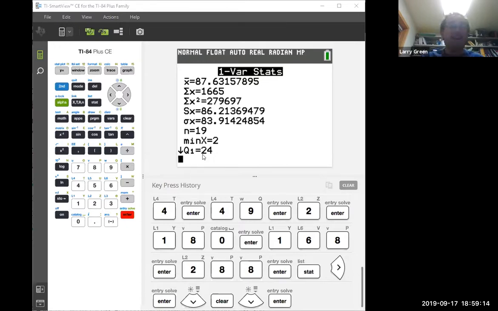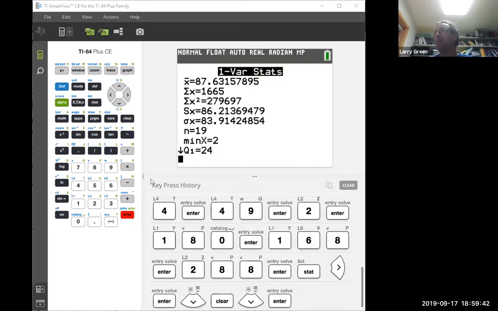I want to go down and do them in order. So 25% was basically 24 or less. The quartiles break the population into 4 pieces. So it breaks it up by 4s, and that's kind of how that works.